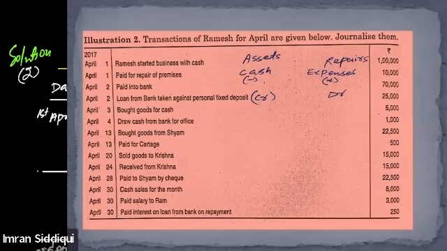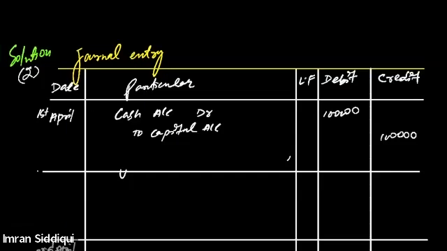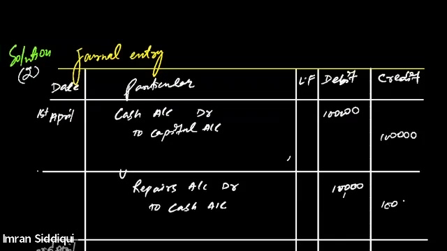So the journal entry for this will be repairs account debit to, tell me, cash account. That's right. Perfect. Repairs account debit to cash account, and the amount was 10,000. 10,000 debit, 10,000 credit.